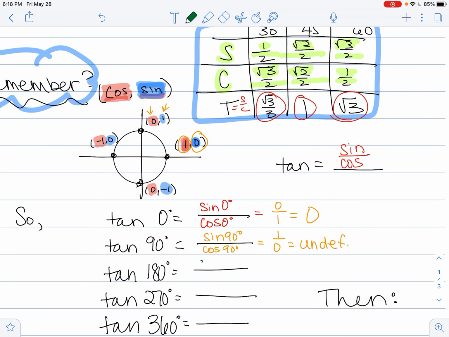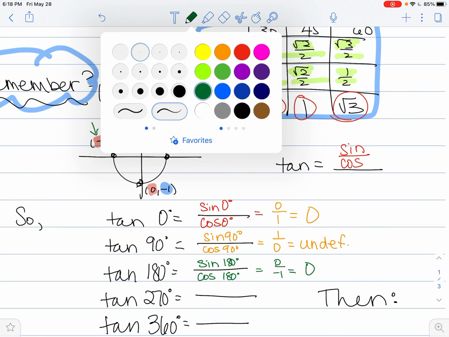Let's look at tangent of 180. We know tangent of 180 is really sine 180 over cosine of 180. So sine of 180 is 0 over cosine of 180 is -1. Well, 0 divided by -1 is still 0.